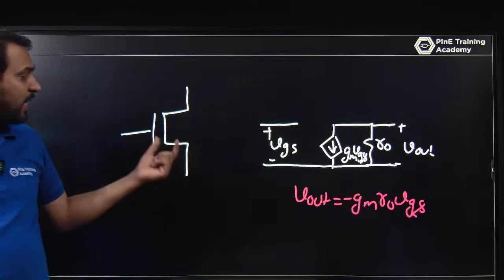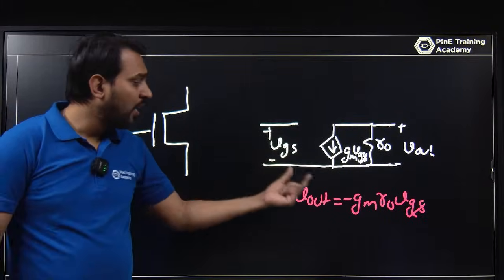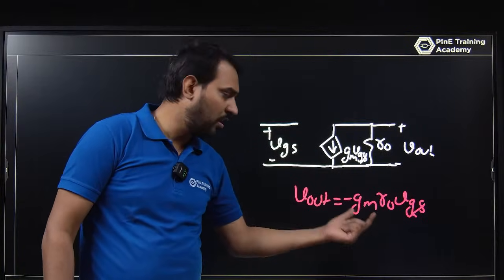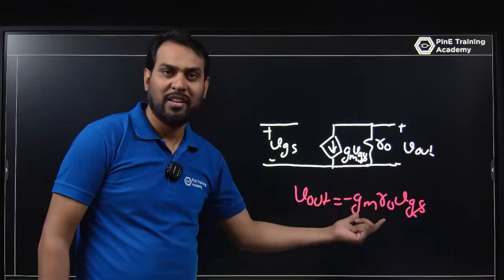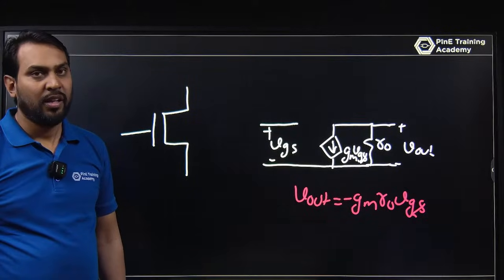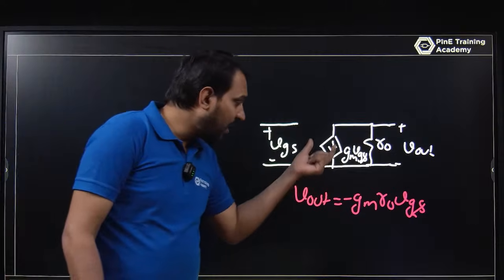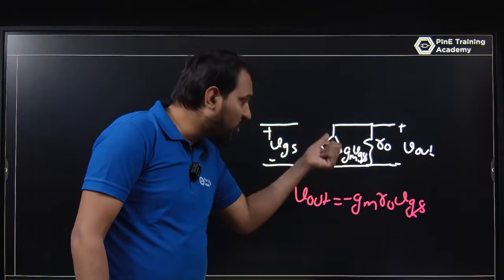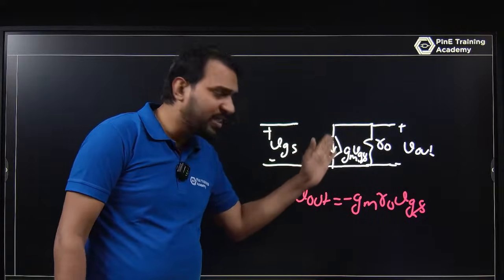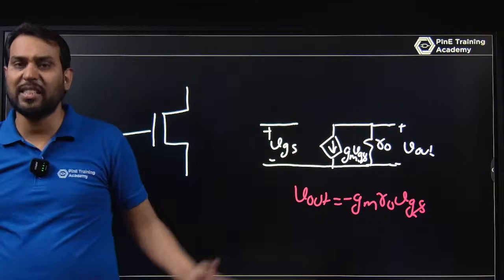If the input voltage is 1 millivolt, the output will be 10 millivolt in terms of magnitude. Otherwise, it is minus 10 if you include the sign. So this is the dependent source. Only by the dependent source can you analyze this. If you have only a resistor, capacitor, and inductor, you can't analyze this amplification.